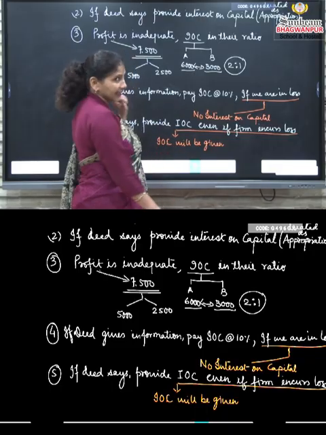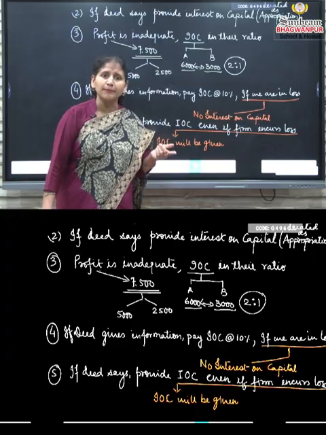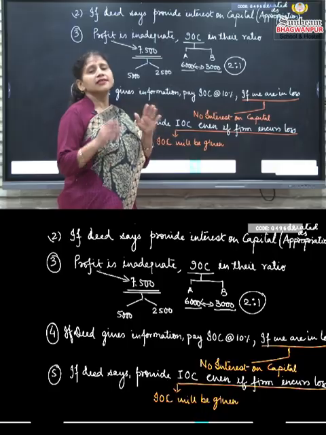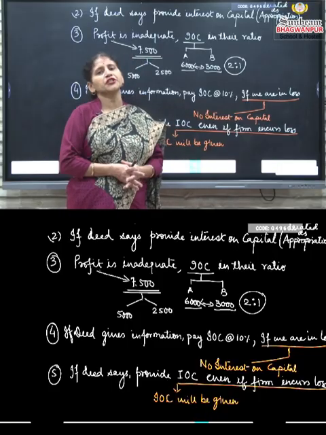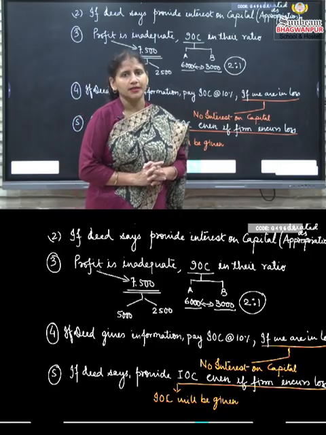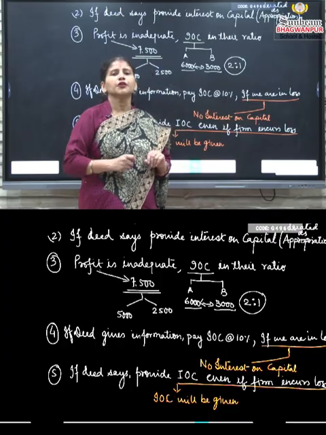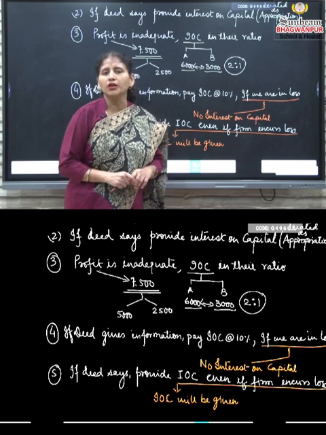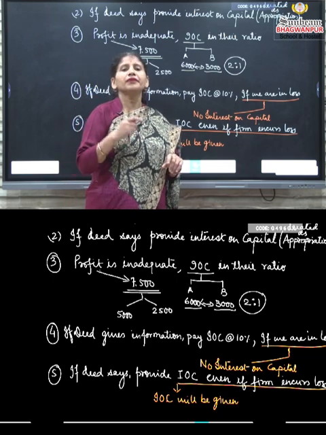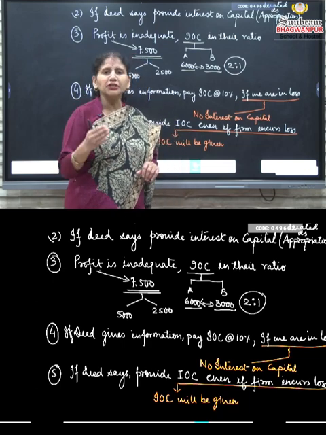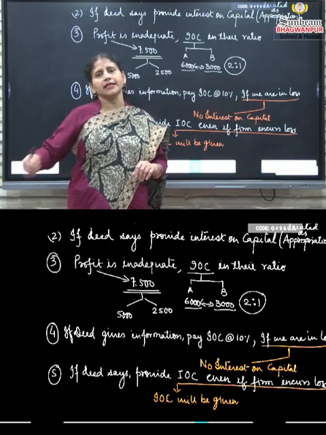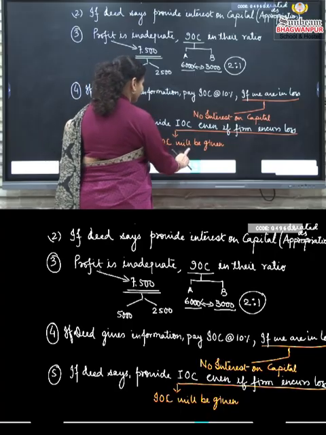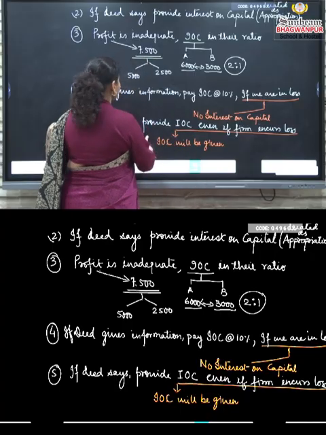Now the second term in the profit and loss appropriation is payment of commission. There are several things related to payment of commission to the partners, so keep your pen and copy ready to note down the various formulas and cases on how to calculate the commission of partners. Let us begin.